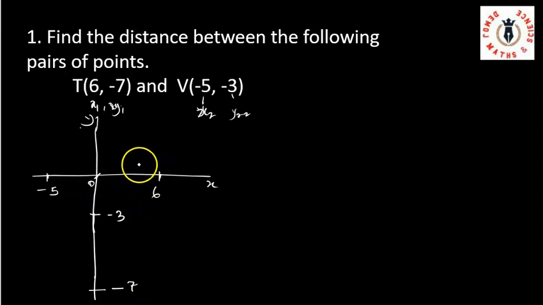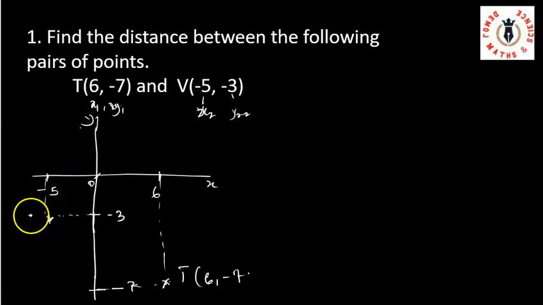So my first point T is at x is 6 and y is minus 7. This is point T, that's at 6 and minus 7. And for my point V, I'll have point V at x at minus 5 and y at minus 3.